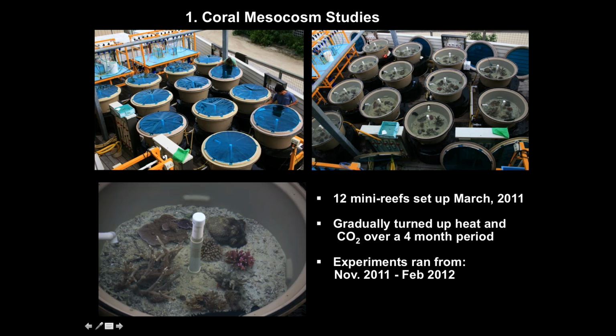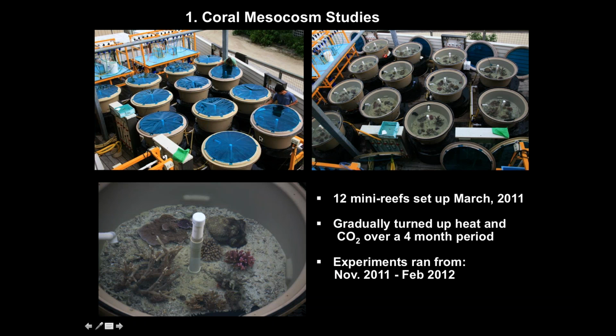So you can see the 12 mesocosms have very similar corals. We actually also collected the sediments from the site where we collected the corals. You can see there's sea cucumbers. You can't see it very clearly, but there's actually several different fish and several different invertebrates that we tried to recreate the same amounts in each of them.